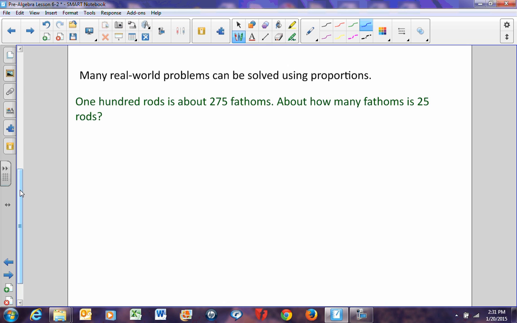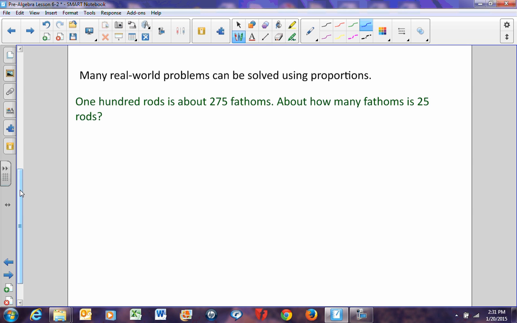Because you have rods, you have fathoms, and then you have leagues. If you've ever heard of the story 20,000 Leagues Under the Sea, then you'll understand that the league is the distance underneath the sea that they're talking about. So here we have 100 rods is about 275 fathoms. About how many fathoms is 25 rods?